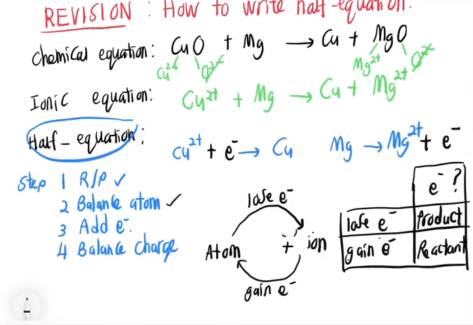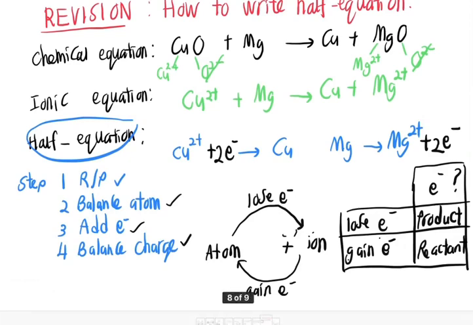So balance atom and add electron is settled, but the charge is not balanced. So if this is 2 plus, this is also 2 negative. And if this is Mg2 plus, this is also 2 minus. So now you have a balanced charge. So that is a revision on how to write half equation for an ionic equation.